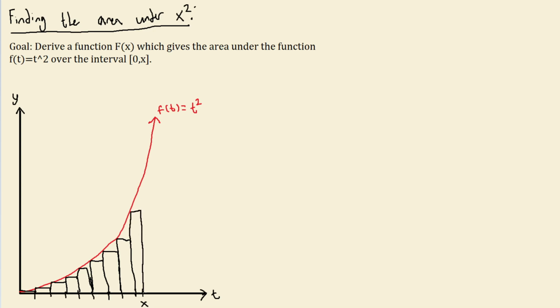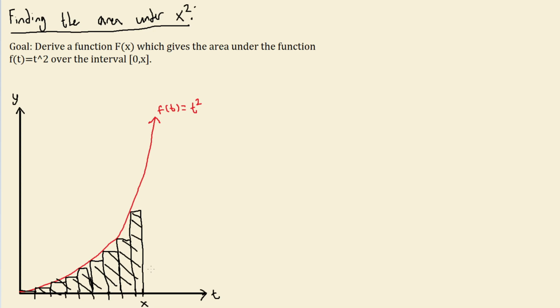But the key thing to realize is if we take the limit of this as we make the width of these rectangles smaller and smaller and smaller, we will be able to find precisely what the area under this curve is. So just to be clear, we're talking about this area here. And let's see if we could think of a general way to calculate the area under these rectangles.